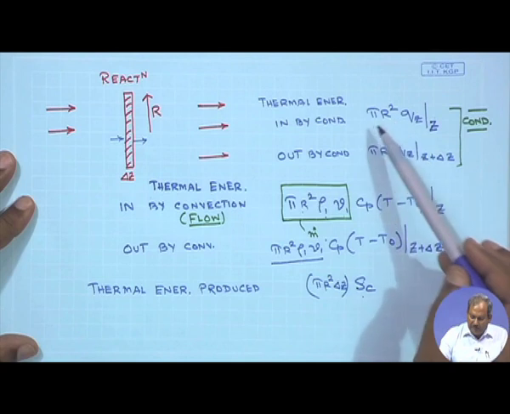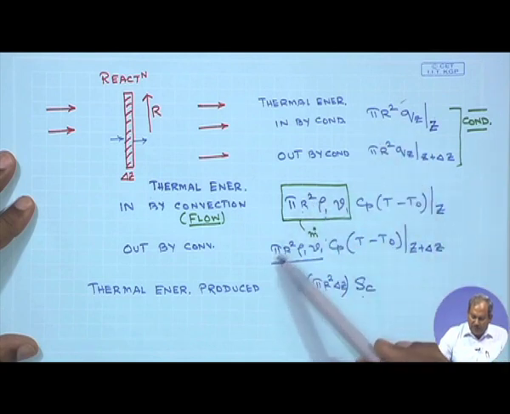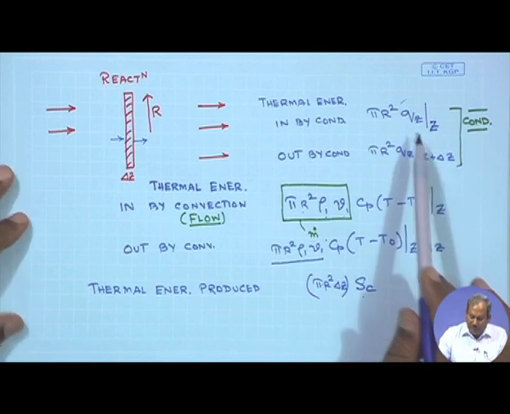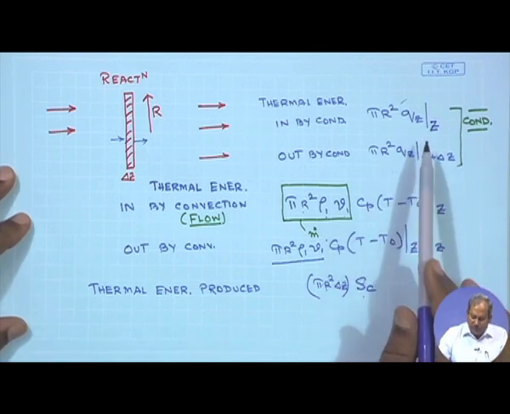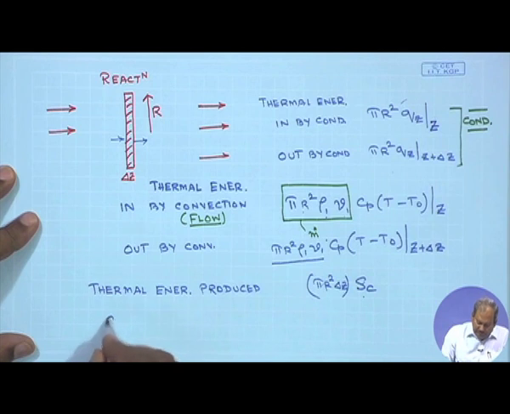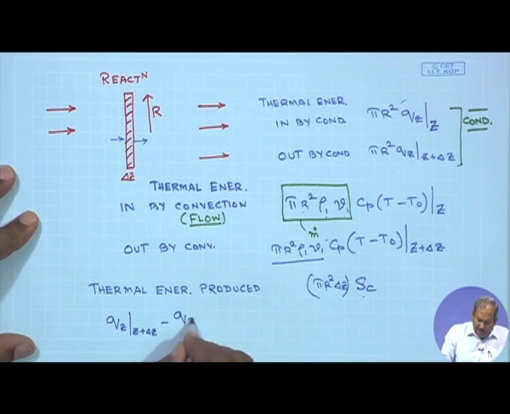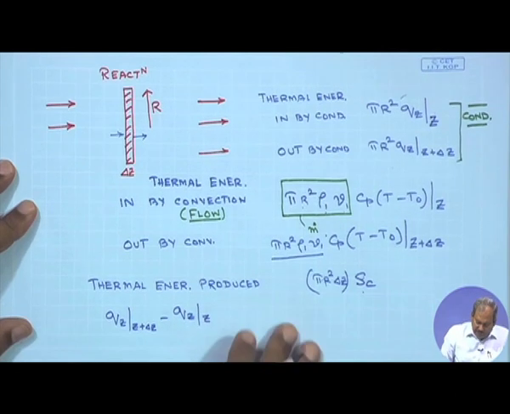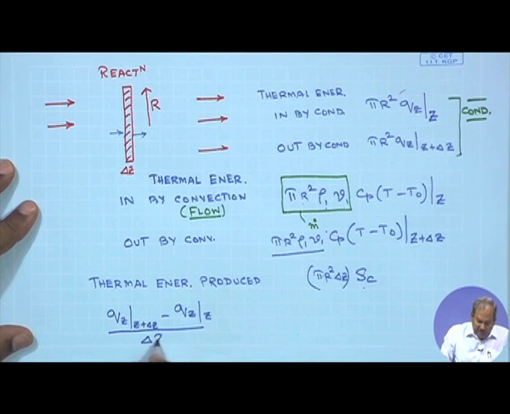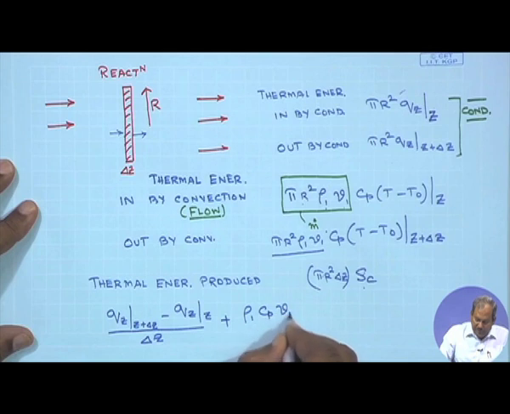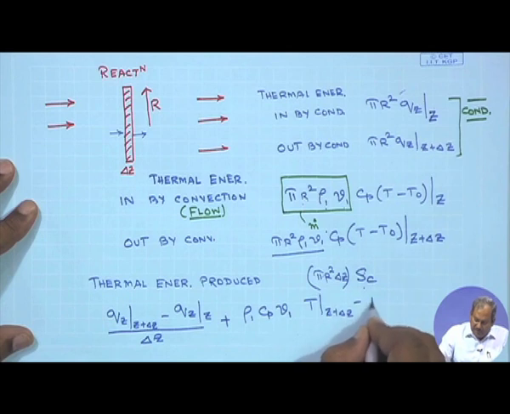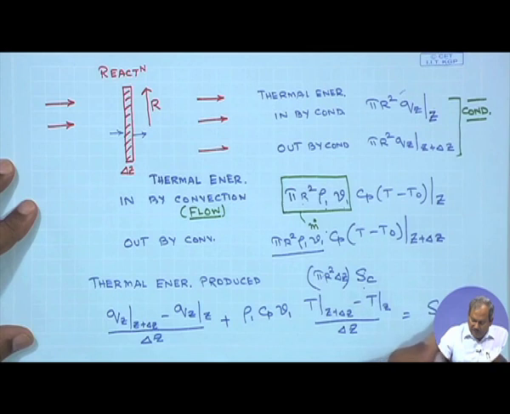And then as you can see, pi r square will cancel from all the terms, and you are going to divide both sides by delta Z. So, what you have then is q z at Z plus delta Z minus q z evaluated at Z divided by delta Z plus rho 1 Cp V1 times T at Z plus delta Z minus T at Z divided by delta Z is going to be equal to Sc.